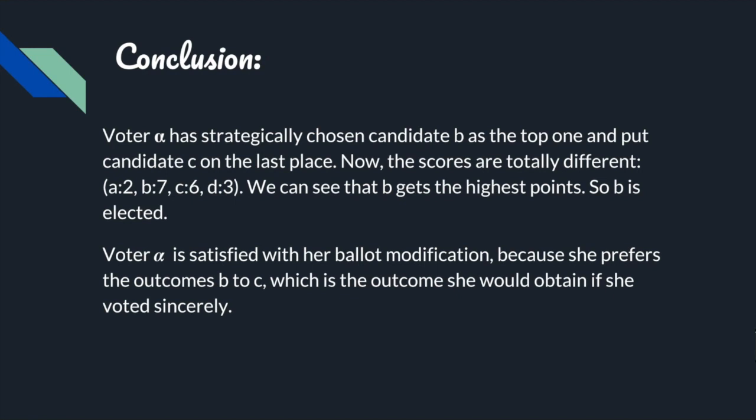Now the scores are totally different. A is 2 points, B is 7 points, C is 6, and D is 3 points. We can see that B gets the highest points, so B is elected. Voter Alpha is satisfied with her ballot modification because she prefers outcome B to C, which is the outcome she would obtain if she voted sincerely.